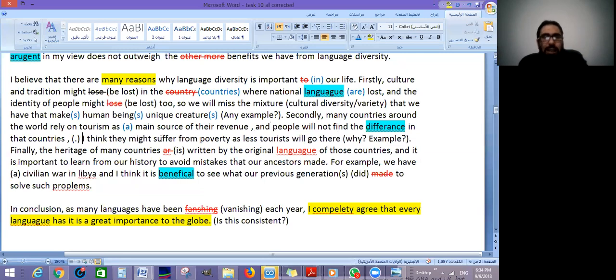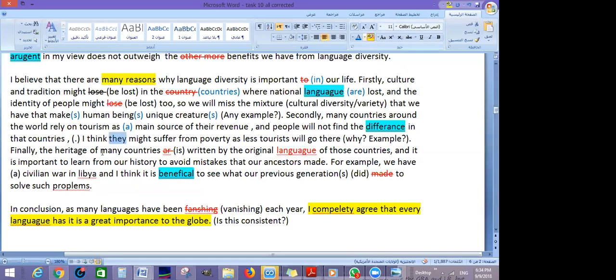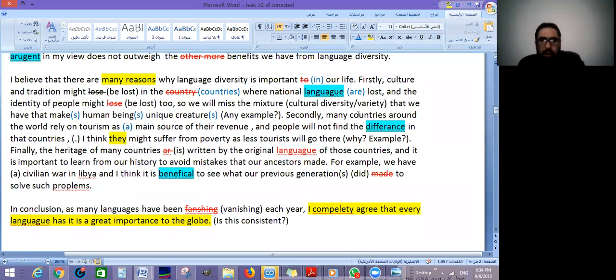All right. Secondly, many countries around the world rely on tourism as a main source of their revenue, and they might suffer from poverty as fewer tourists will go there.